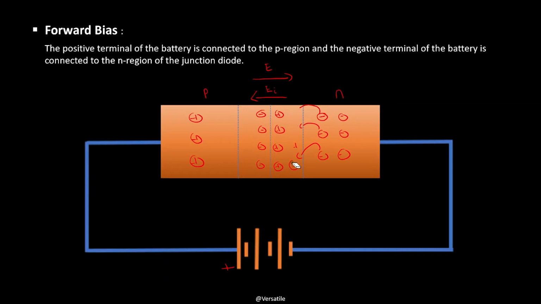So these ions will not be present anymore. And because of this process, effectively the width of the depletion layer decreases, as you can see here.